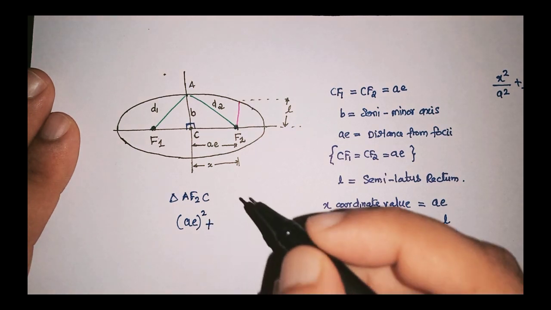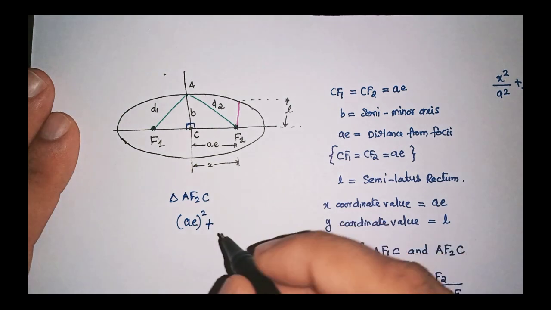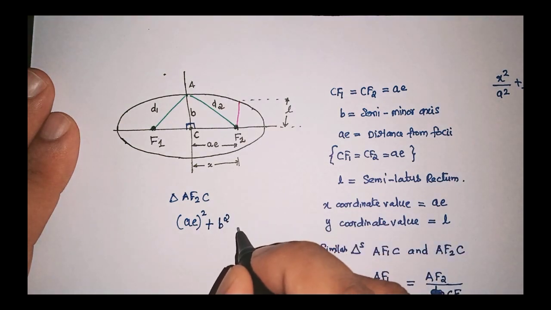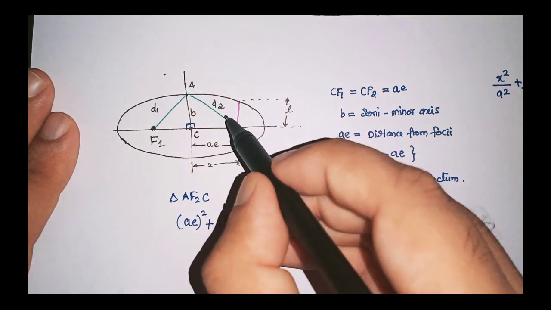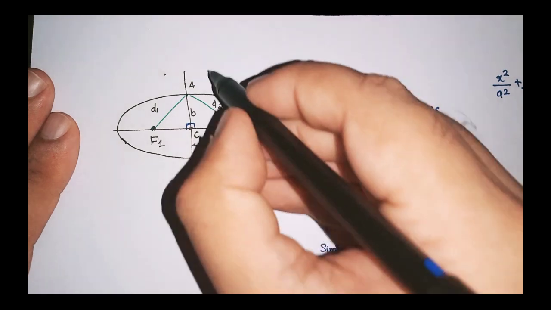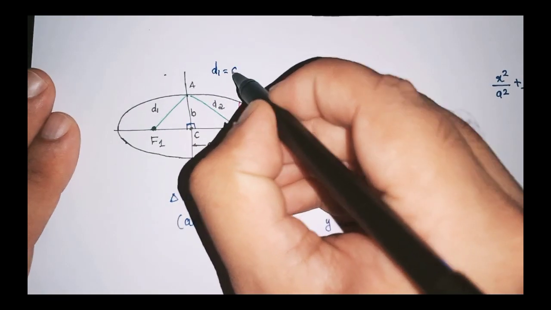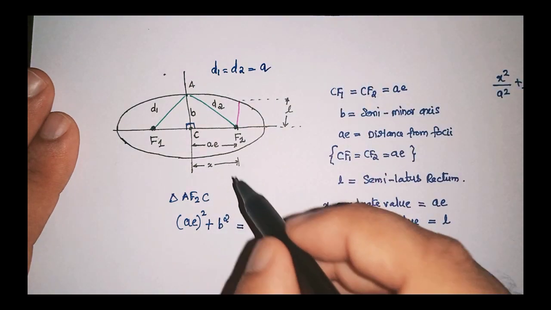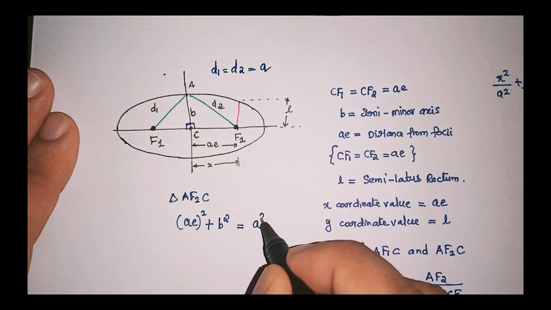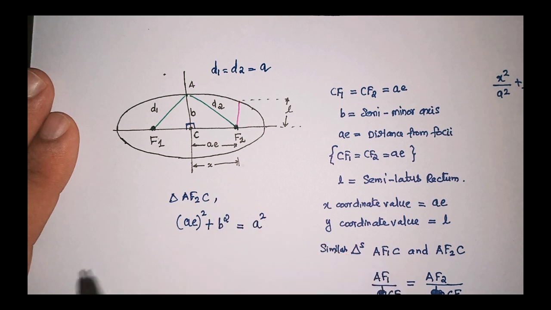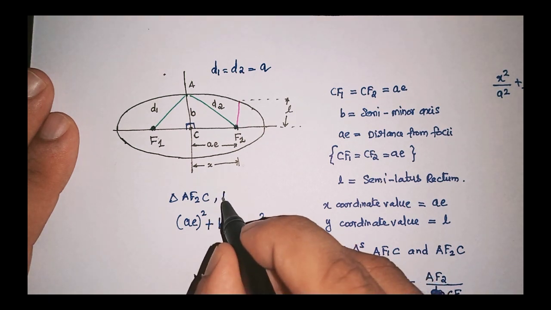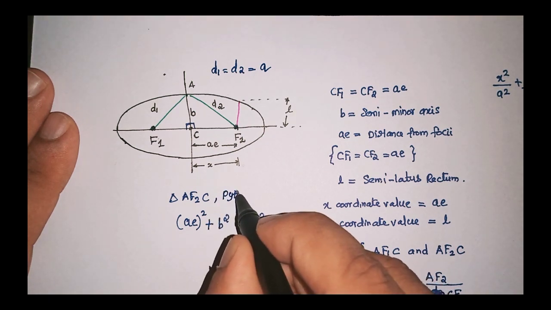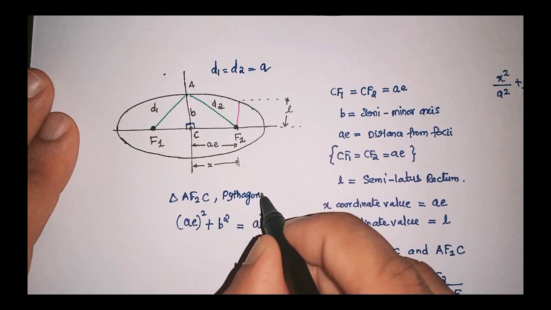Now we go with the altitude square, that is b square, which is going to be my D2. We already know D1 and D2 is going to be A. So that means D2 is going to be A square. Here what we have done is just applied the Pythagoras theorem. I think this is clear.